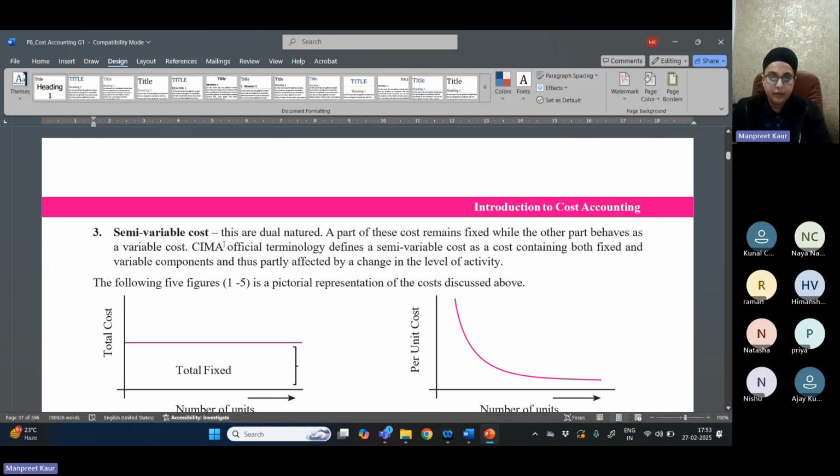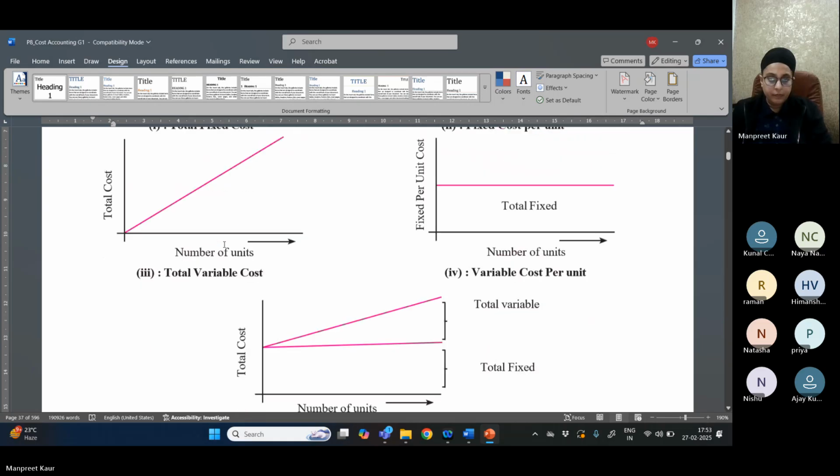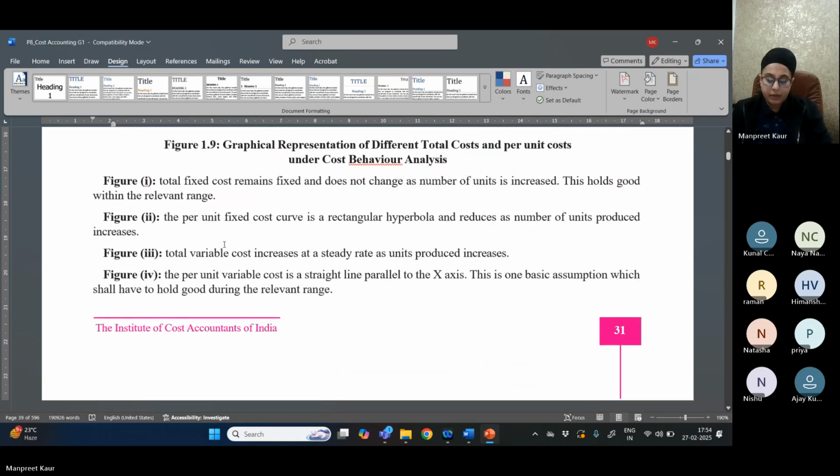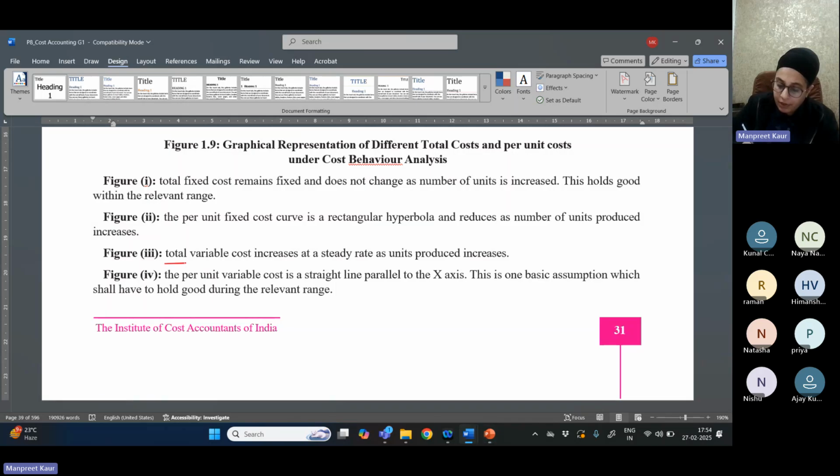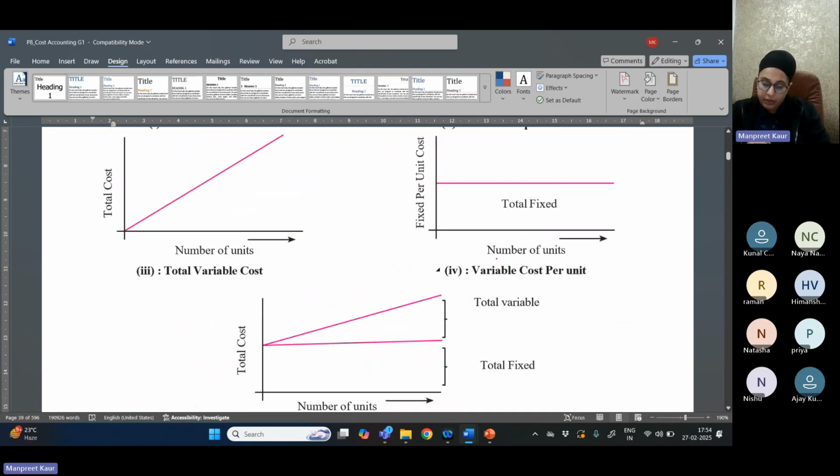If we look at the trend, total variable cost increases at a steady rate as the number of units produced increases. In figure 3, variable cost increases.